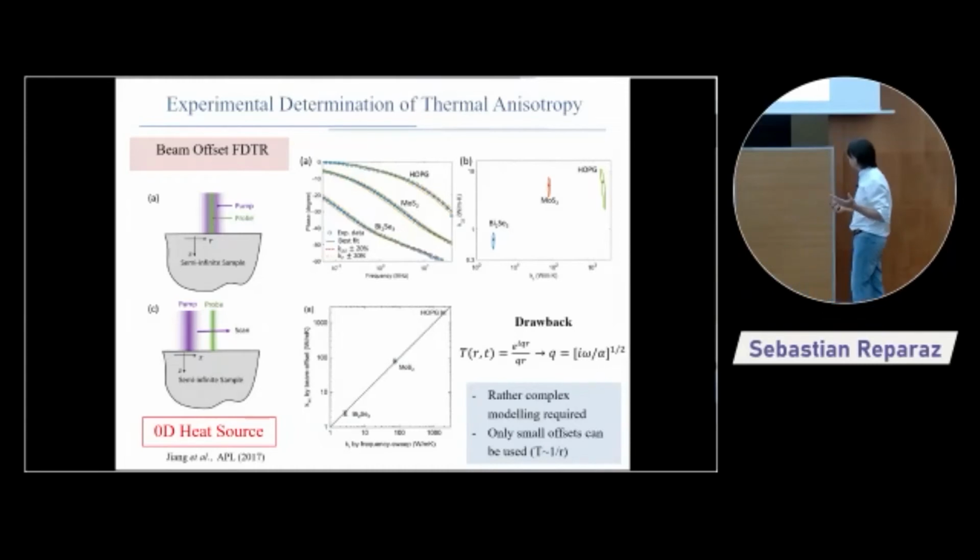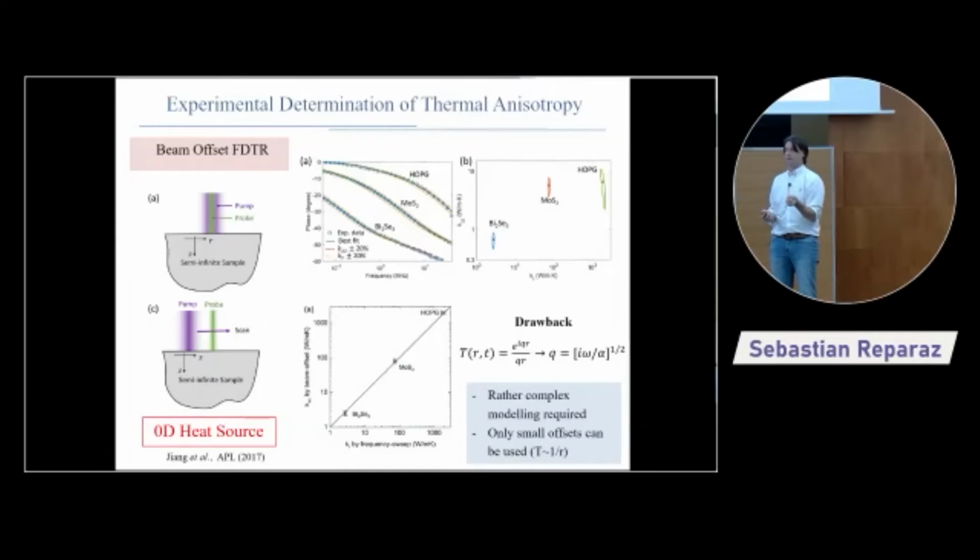So actually this works, yes, but it has a problem. When you're working with the spot geometry, the spatial dependence of the temperature field is something like this, where this q is the thermal penetration depth. The important thing is not the exponential, but the fact that this is divided by the coordinate. What this generates, experimentally speaking, is that you cannot really move the pump away from the probe because you have no signal, okay?